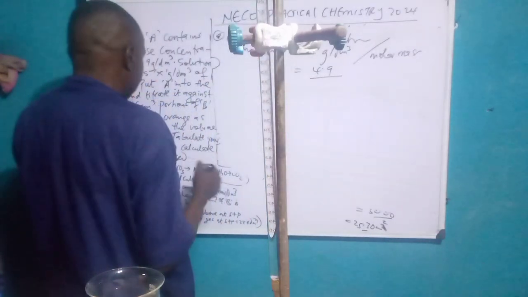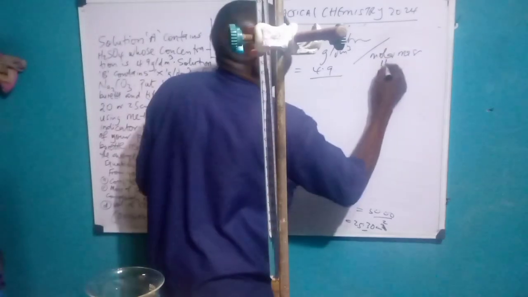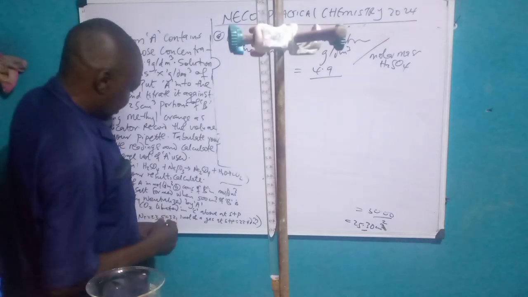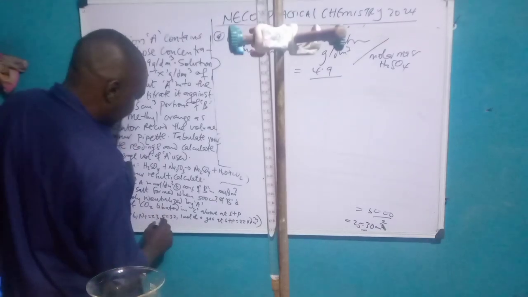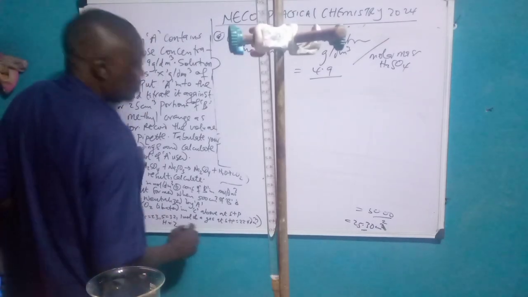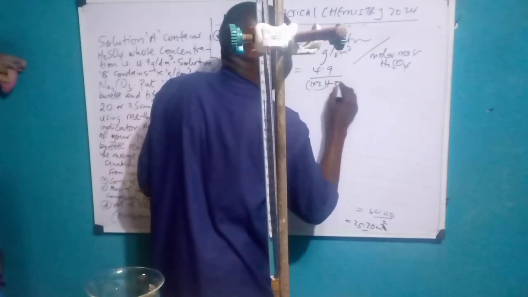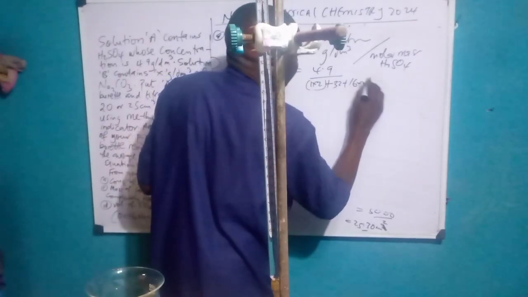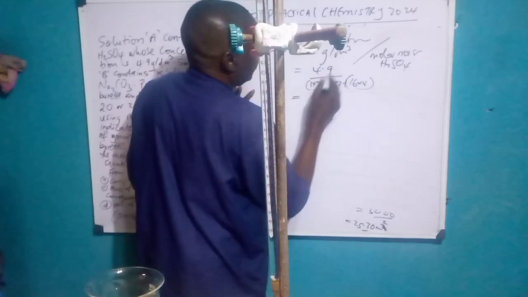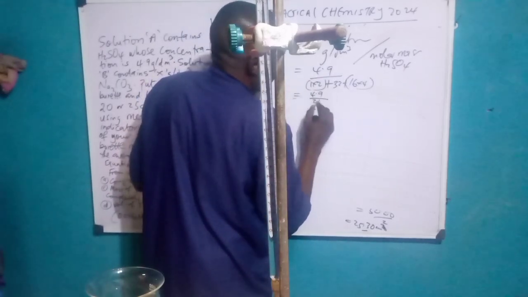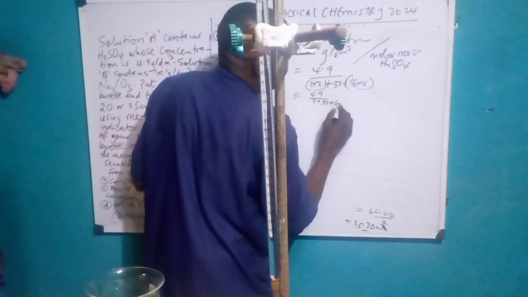Ensure you show them how it was calculated. Molar mass of H2SO4. You say H is, they gave it to you here. Look at the values. Okay, H is not here. Usually H is 1. So you say 1 times 2 plus 32 plus 16 times 4, which gives 4.9 over 2 plus 32 plus 64.